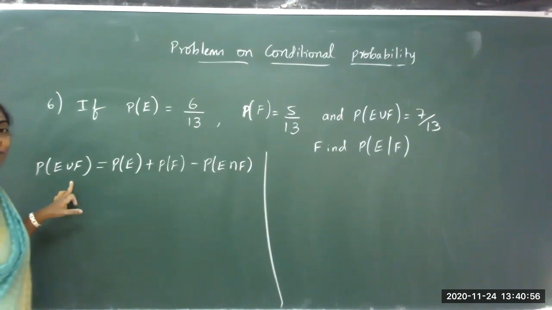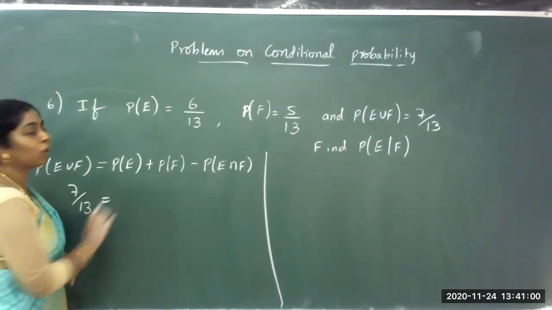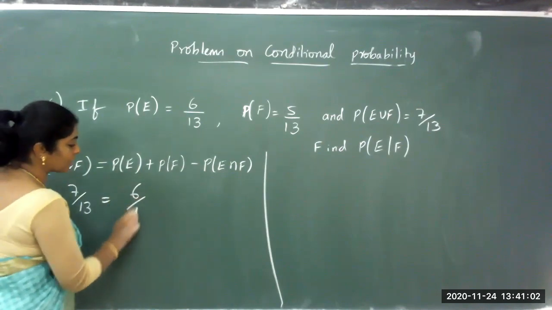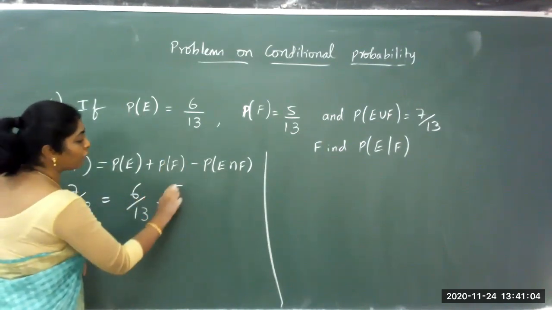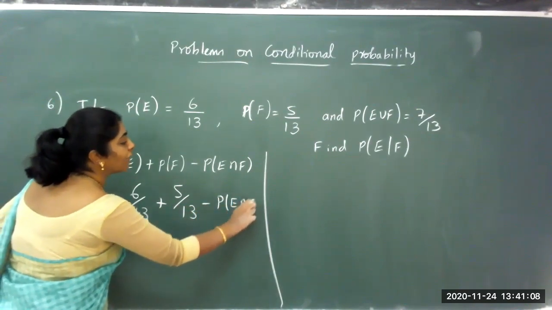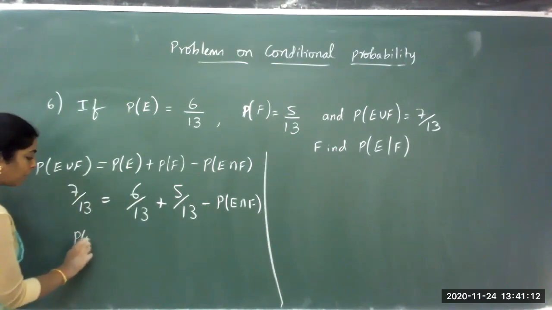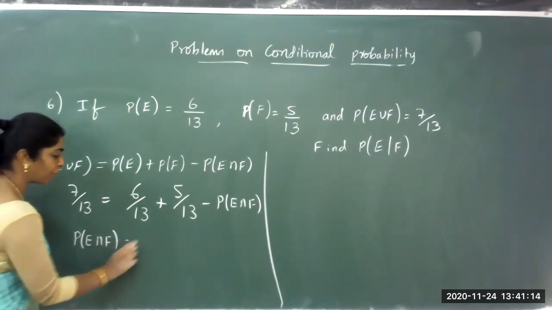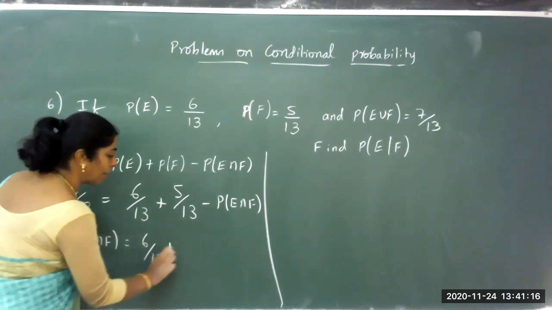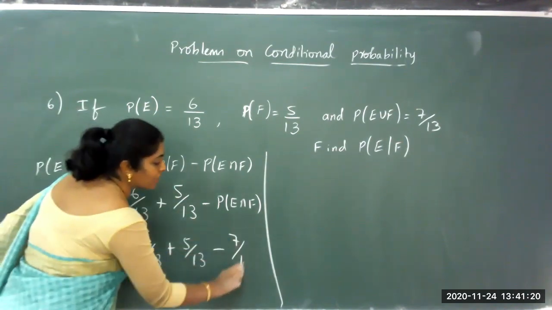What is probability of E union F? 7 by 13 is equal to probability of E, 6 by 13, plus probability of F, 5 by 13, minus probability of E intersection F. If I shift that, probability of E intersection F is 6 by 13 plus 5 by 13 minus 7 by 13.